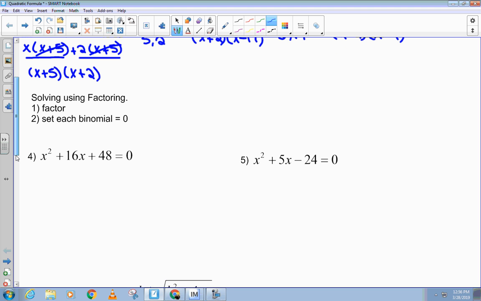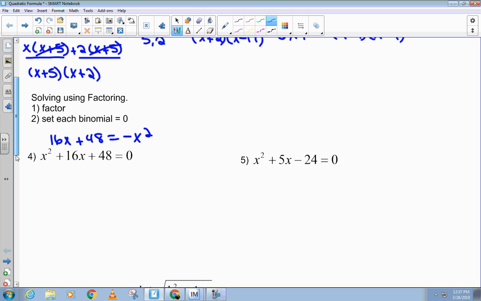Now, this one's already set up really nicely for me, but it could have looked something like this: 16x plus 48 equals negative x squared. Anytime you have an equation with an x squared in it, you want to get everything equal to 0 and put it in descending order. So we've moved it over, so it's x squared plus 16x plus 48 equals 0.